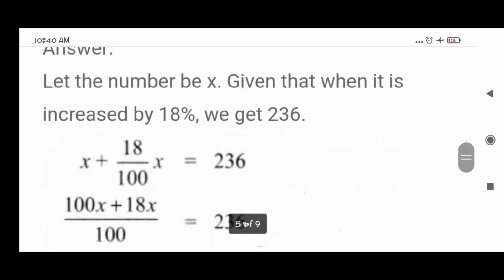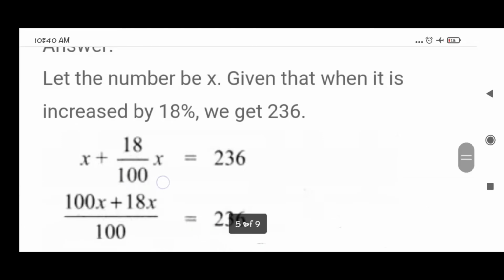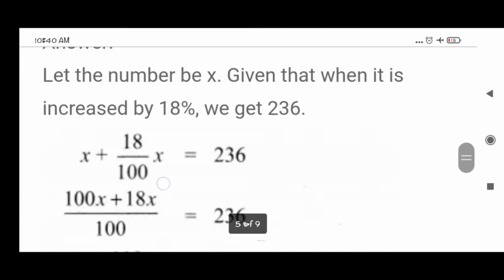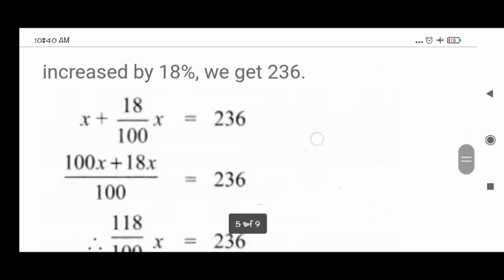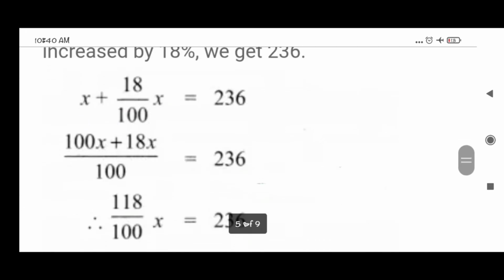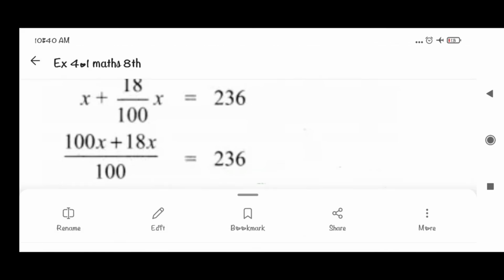Now x plus, increase means what? We are adding 18% of the number. So 18 by 100 into x, 18% of x. So x plus 18 by 100 into x is equal to 236, the answer. Okay, now we can cross multiply. 100 into x, 100x plus 18 into x, 18x, divided by 100.